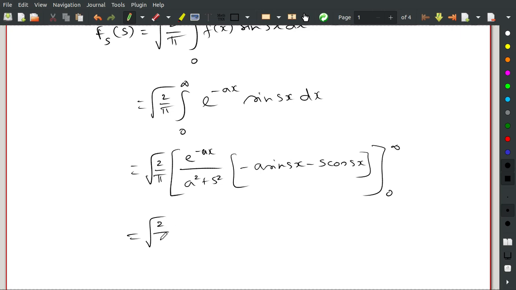We have root 2 by pi, and 0 for the upper limit minus the lower limit, which is e power 0 divided by a square plus s square, times minus a sine 0 minus s cos 0.